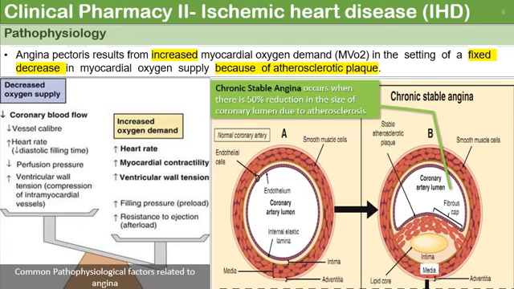Okay, all these may increase the oxygen demand by the myocardium in the face of a fixed amount of oxygen supplied by an already narrowed vessel. This leads to what? To small damage to the myocardium that releases pain substances, which cause a retrosternal chest pain, which is called anginal pain.